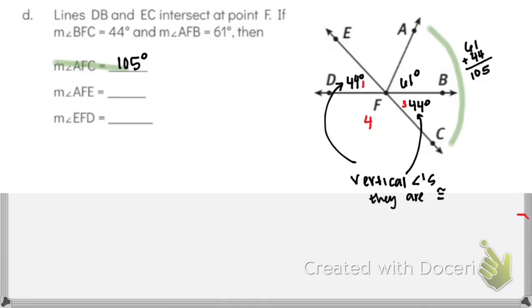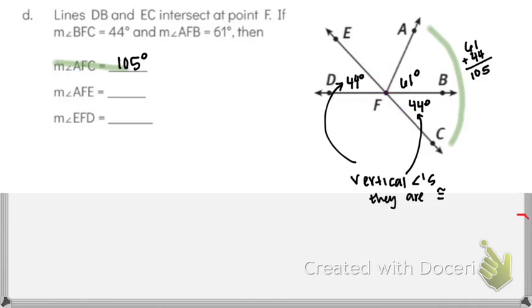Remember, congruent means that they have the same measurement. All right. Now, we do also know that this one right here and this one also have the same value, but again, that wasn't very useful for our questions because I still don't know what this is. So I need to know what both of them are in order to get this one right here.